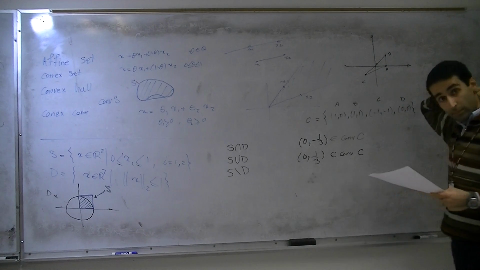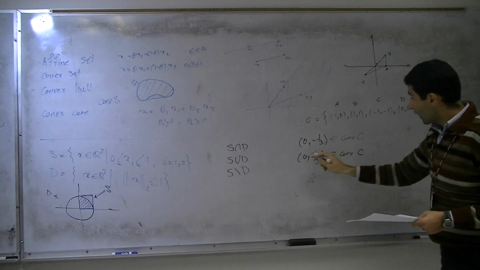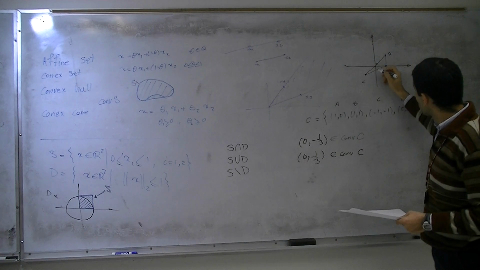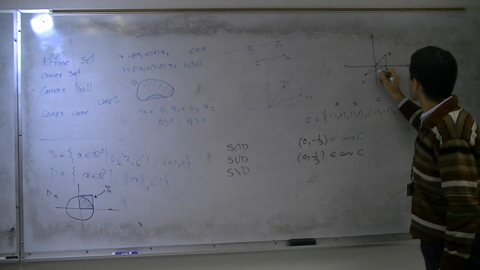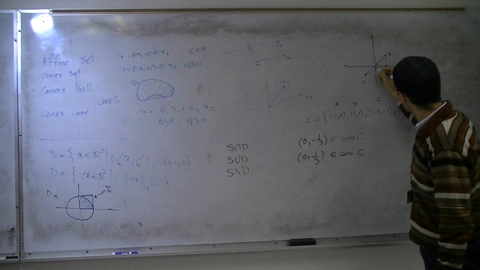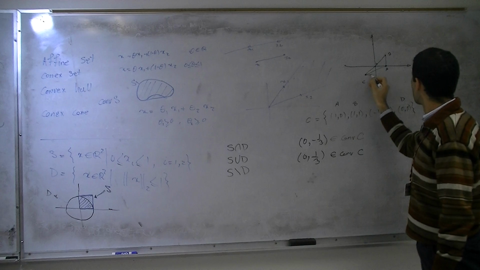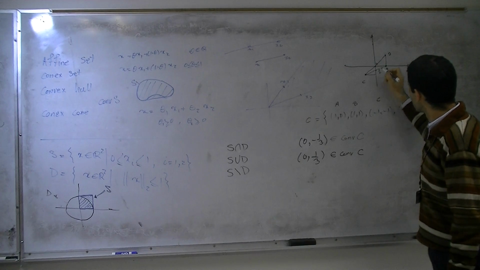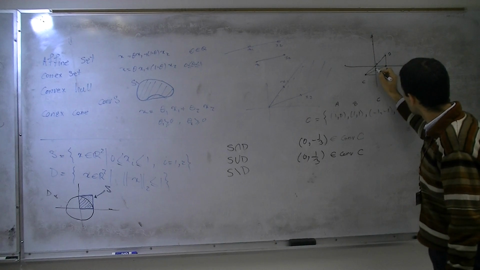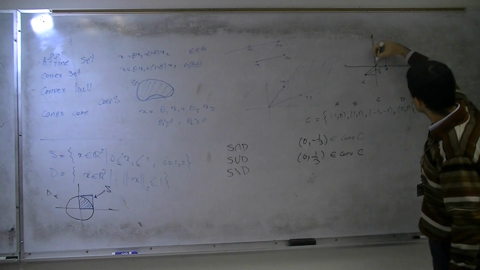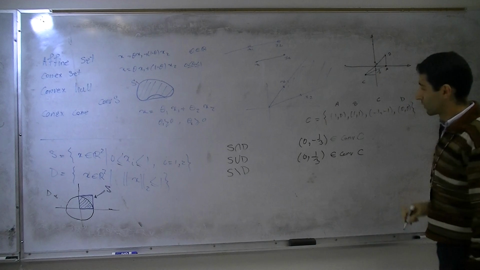Okay, now we have 2 points, (0, minus 1/3) and (0, 1/3). The point (0, minus 1/3) is somewhere here. Minus 1/3 is some point here, and (0, plus 1/3) is a point here.